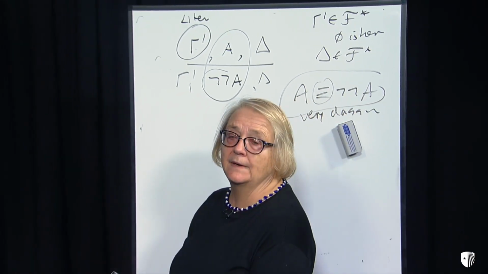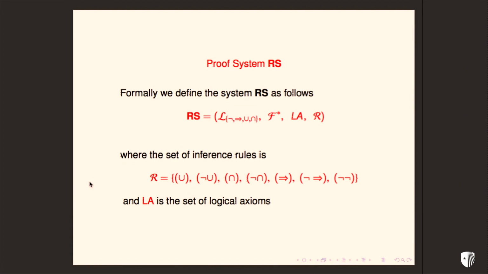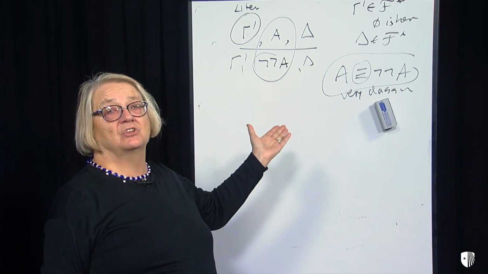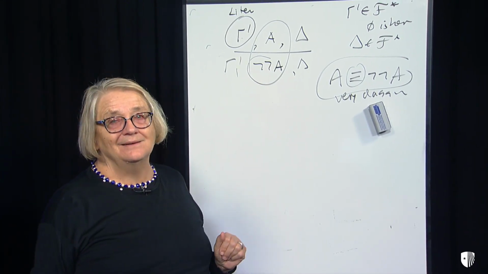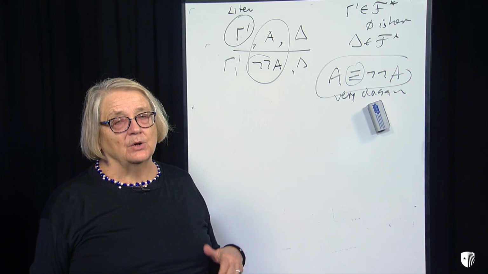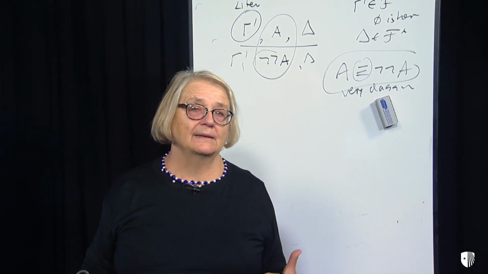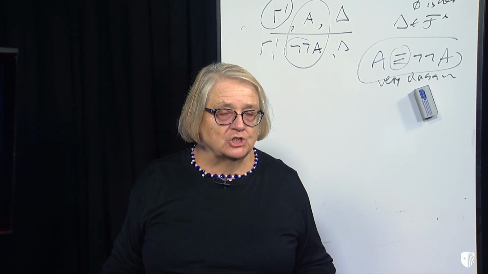So you can see immediately that you cannot have such a rule in intuitionistic logic, because that is not a logical equivalence in intuitionistic logic. So it's very beautiful, very powerful, but it is extremely close to classical logic.